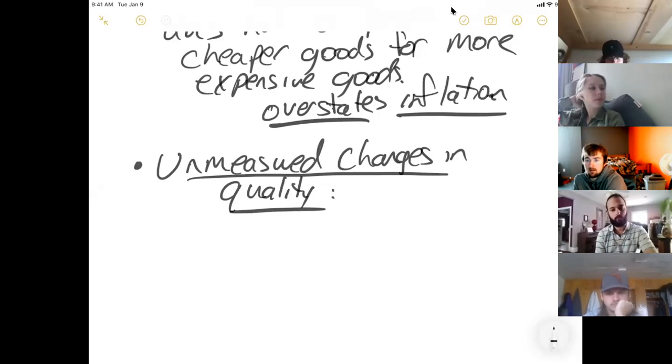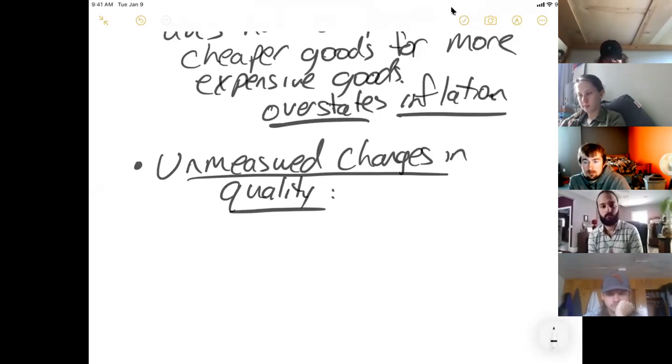Is that really inflation? No, I mean, in some sense, you're selling a better good. The price has gone up because the quality has gone up. But is the government necessarily going to capture that? No, they're just going to assume that when the price goes up, it's because of inflation.